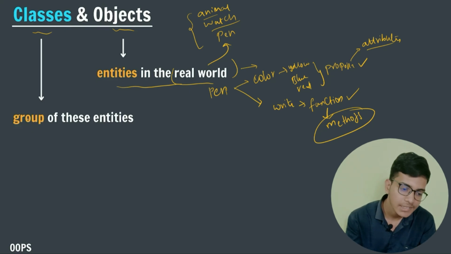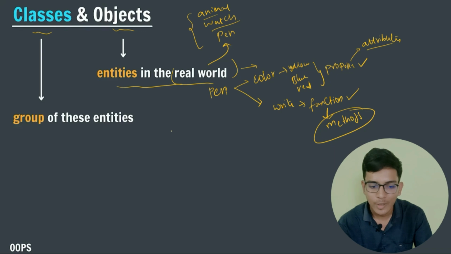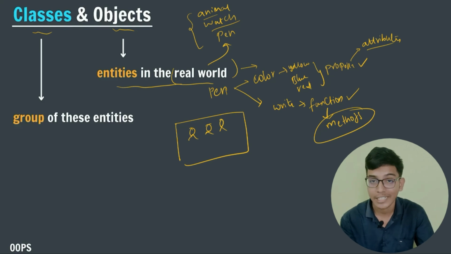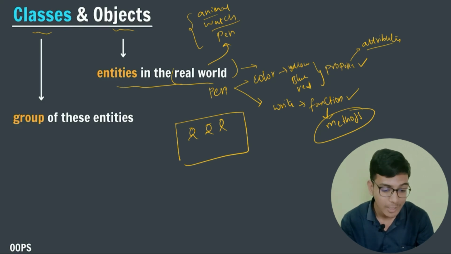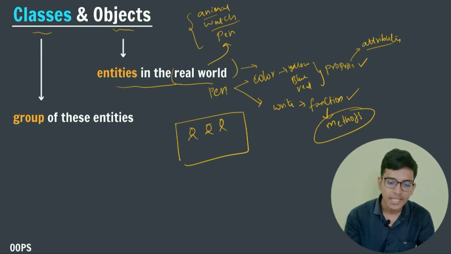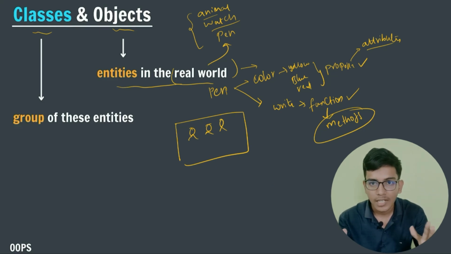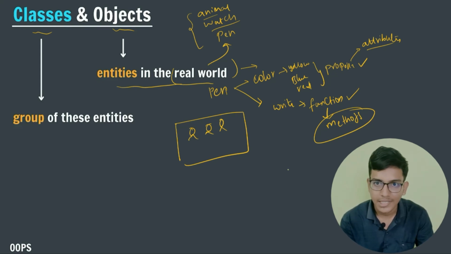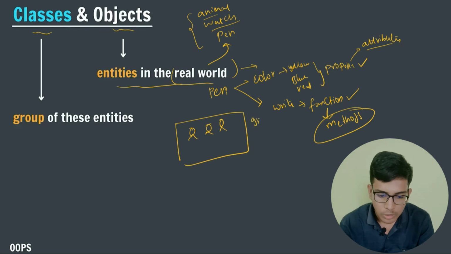Coming to the class, we already know that in our classroom there are a lot of students, a lot of backbenchers also, who don't study that much and don't listen to our teacher. So can I say that a class is a collection of objects? A class is a structure which contains objects or which creates objects. In our class there are a lot of students belonging to the same grade, let us consider 12th class.